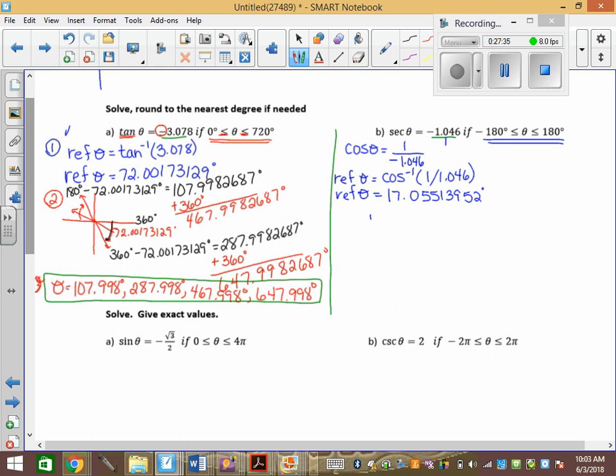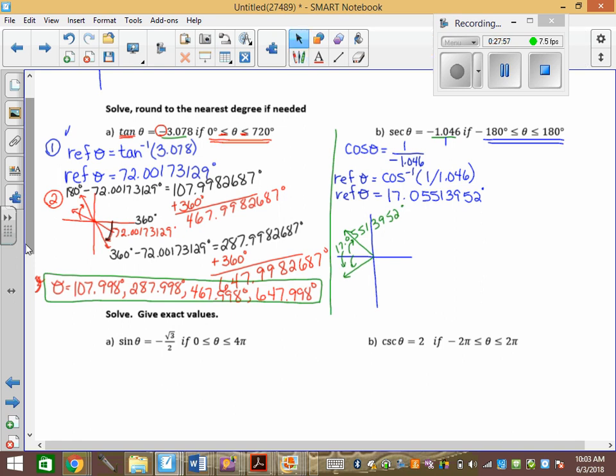Then after I get my reference theta, I use my CAST rule. CAST says that it's cos negative, or secant negative. Cos is negative in quadrant 2 and quadrant 3, and in here I have my reference theta, 17.0551395 degrees here and here.